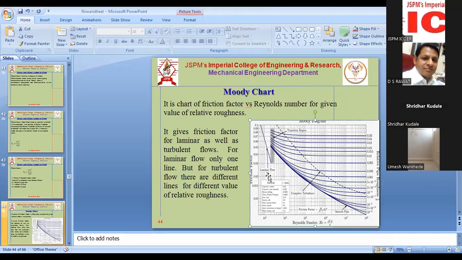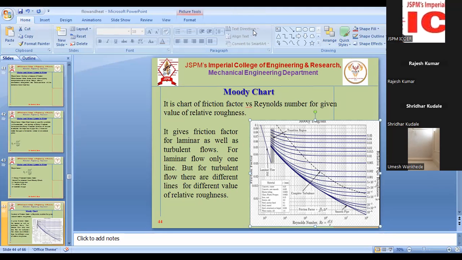Now, if you see the laminar range, there is a single line, that is 64 by Re. But if you see the turbulent flow, there are different lines, based on relative roughness.